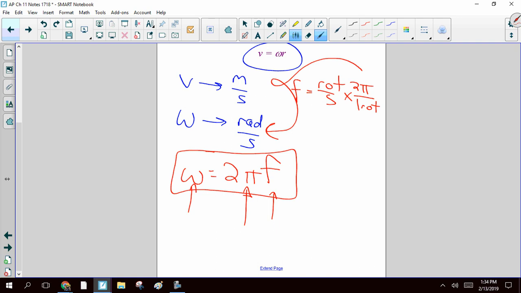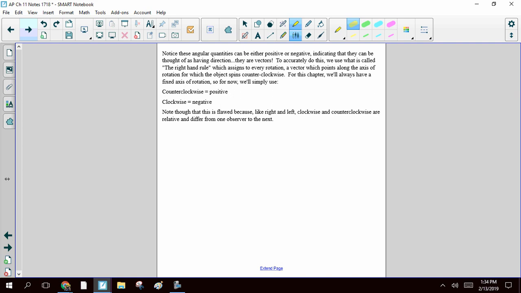If I say that something spins 10 times per second, that's the same as saying that it spins 20 pi radians per second, right? It's literally the same thing, okay? Just different units.